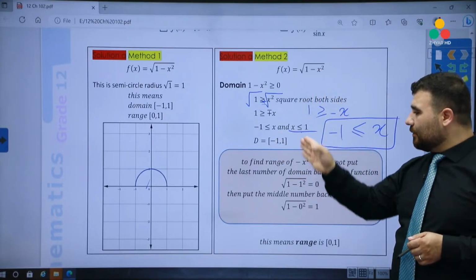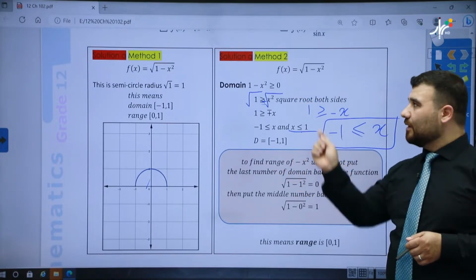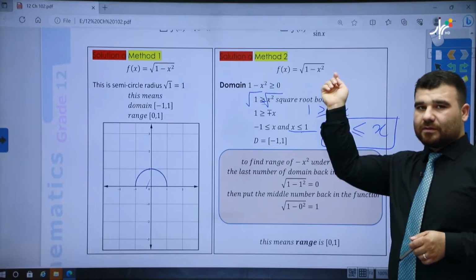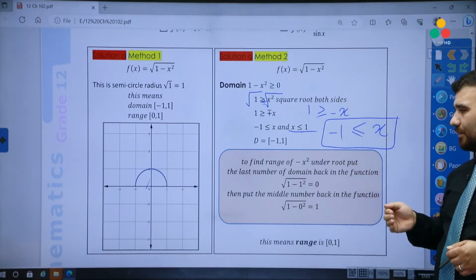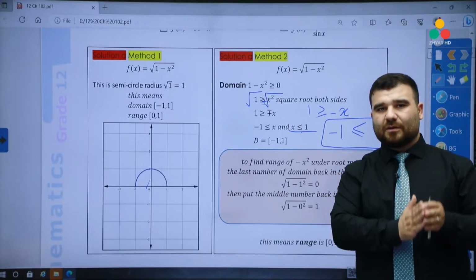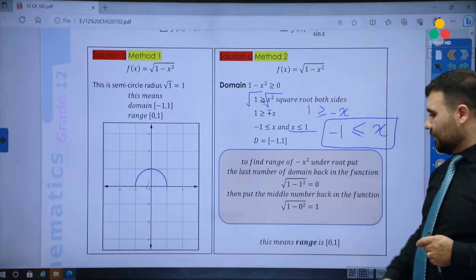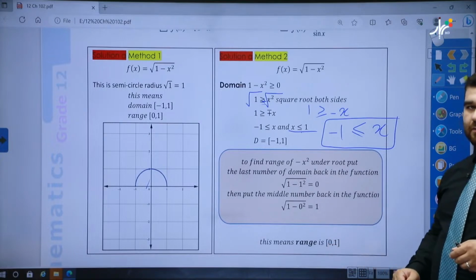Now I'm going to put the number that is exactly between 1 and -1. That's 0. Put 0 here. 1 minus 0 is 1. Square root of 1 is just 1. This means 1 is the highest possible number I can get. This is the highest value of range, and 0 is the lowest value of range. So range is from 0 until 1.